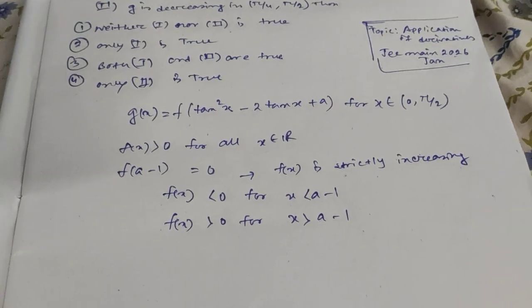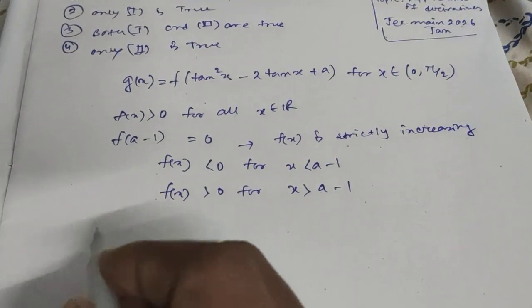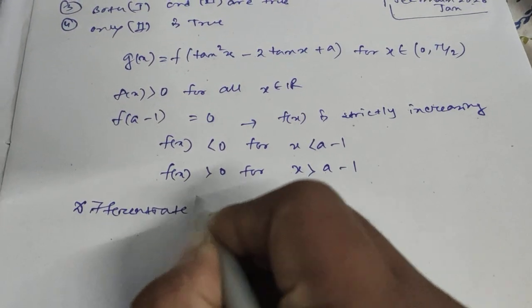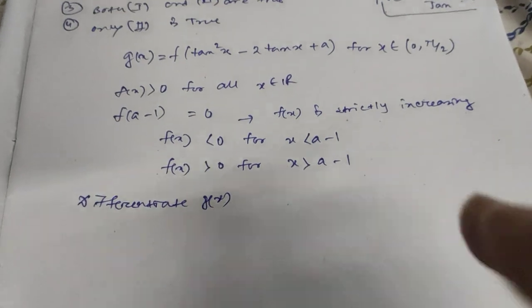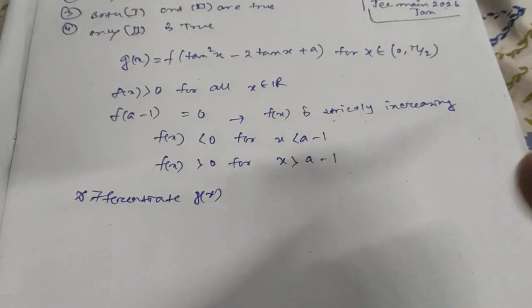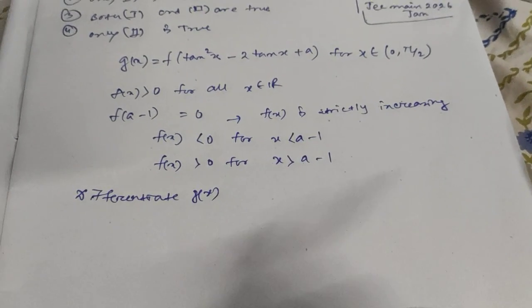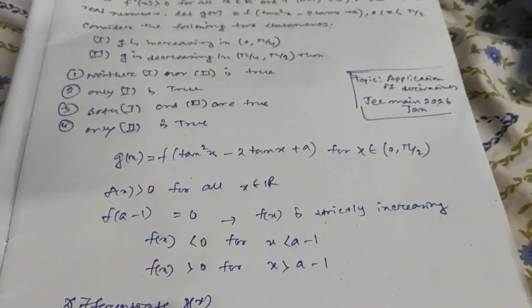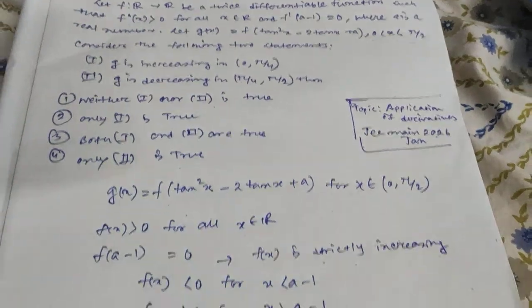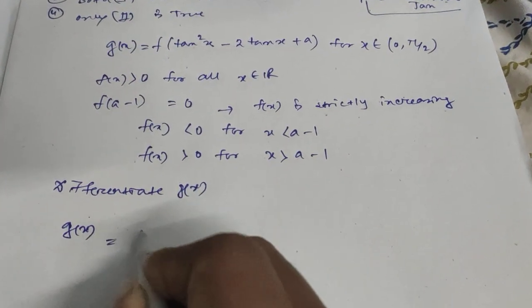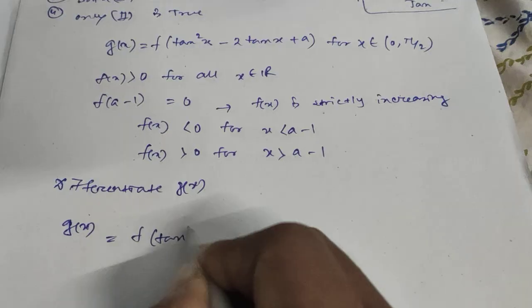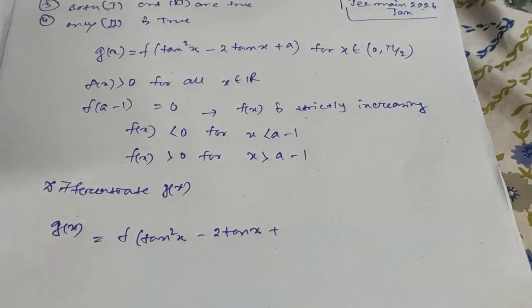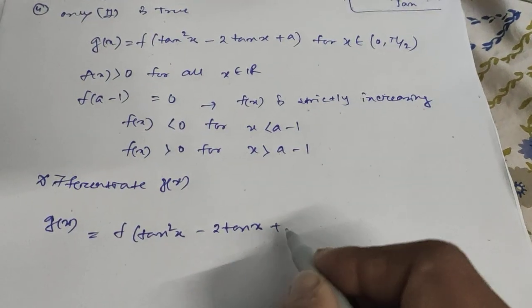Now we will differentiate g x. To find where g x is increasing or decreasing, we need to examine its derivative. Okay, so using the chain rule, g x is f of tan²x minus 2 tan x plus a.